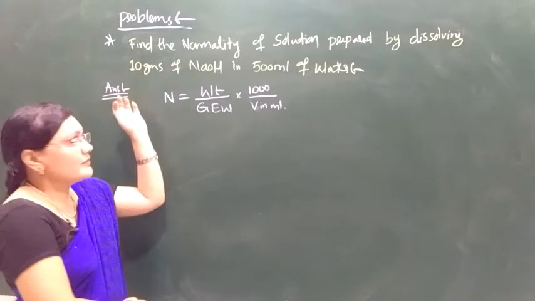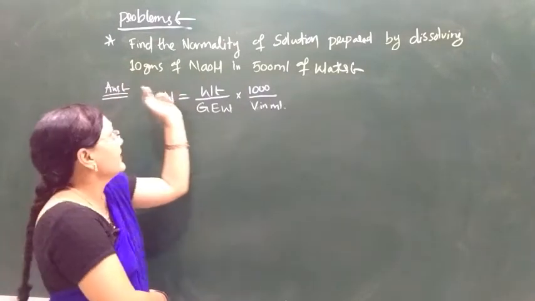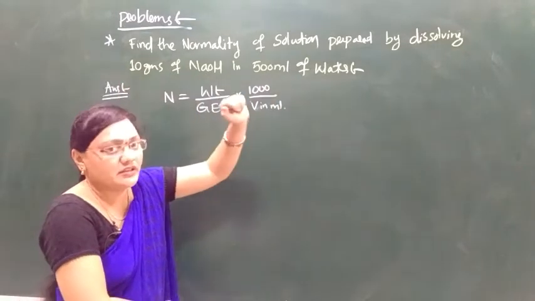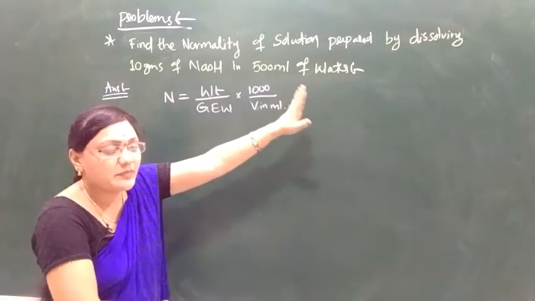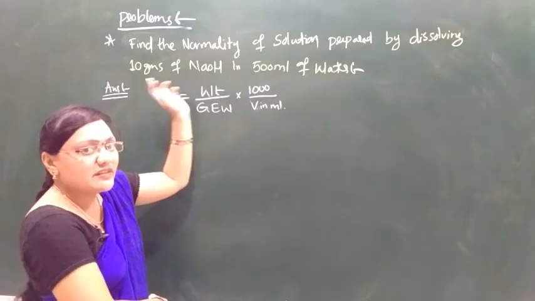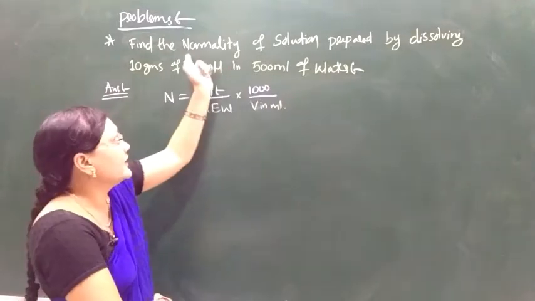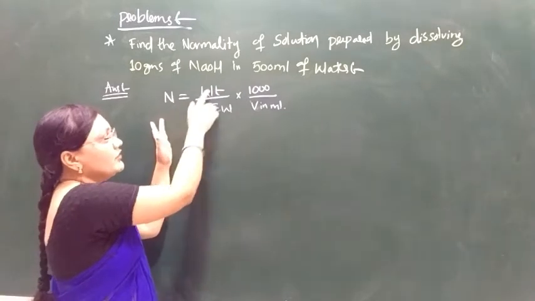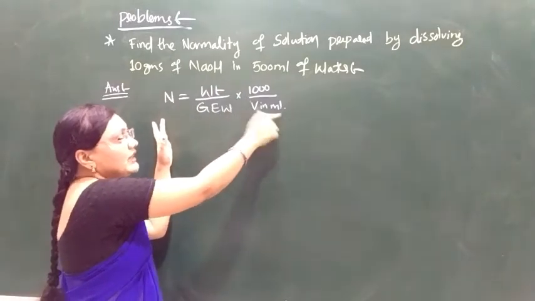Next problem: find the normality of a solution prepared by dissolving 10 grams of NaOH in 500 ml of water. To calculate the normality, this is the formula: normality equal to weight by GEW into 1000 by V in milliliters.